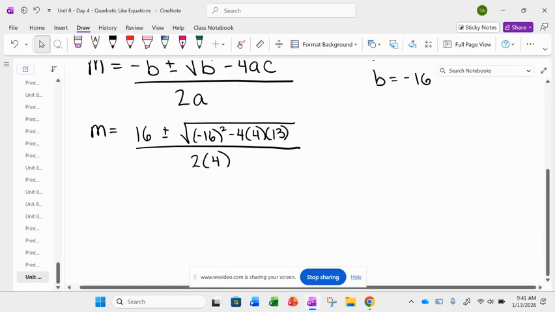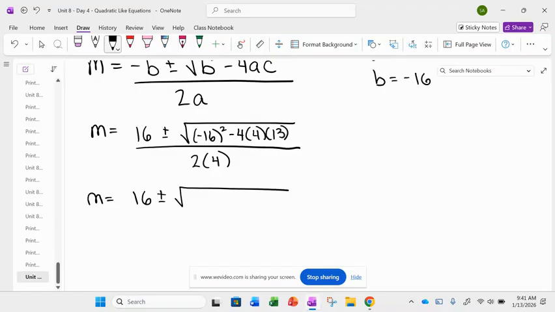And now we start simplifying. So we have m is equal to 16 plus or minus the square root. 16 squared is 256. And then we're going to have a negative 4 times 4, which is negative 16. Negative 16 times 13 is a negative 208, all over 8.